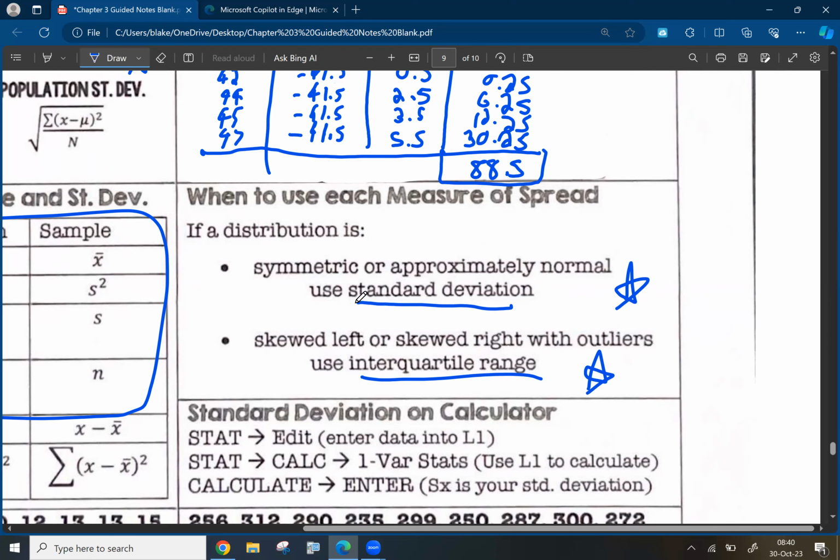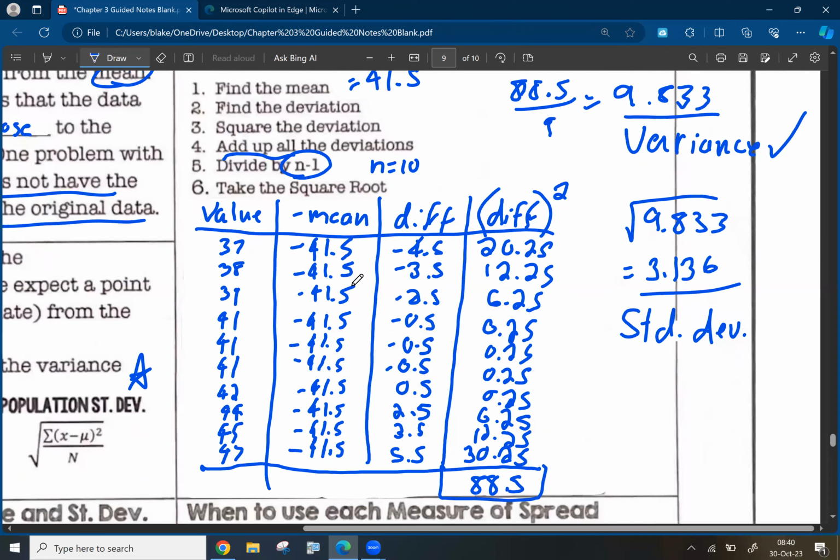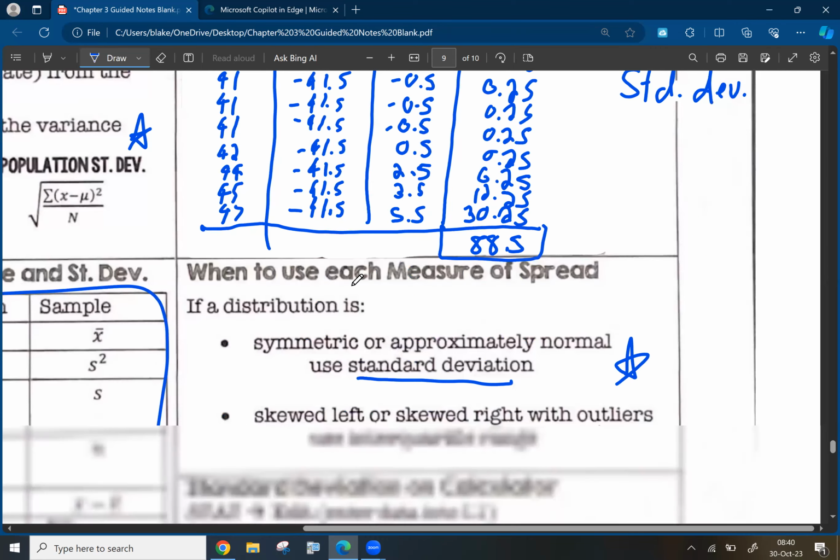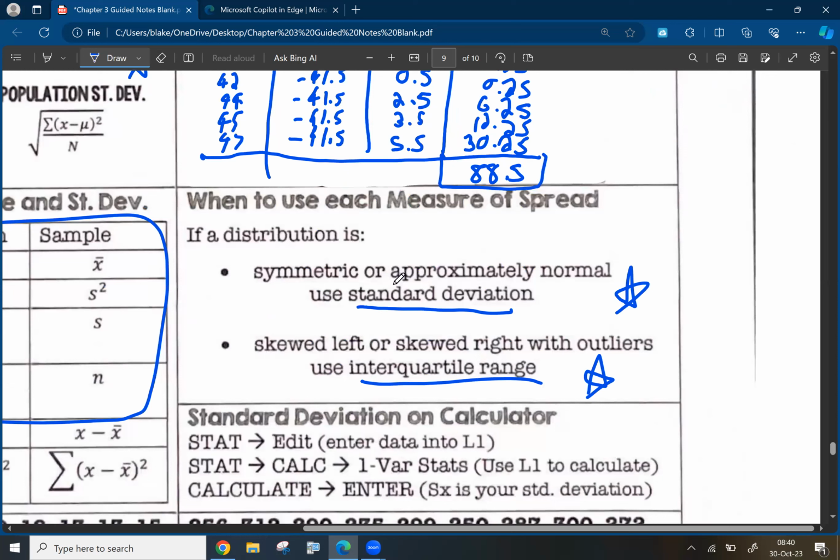Remember, there are 4 different types of spread: range, IQR, variance, standard deviation. If the data was symmetrical, you would use standard deviation as the measure of spread, not anything else. If the data was skewed left or skewed right, you would use the IQR as your measure of spread, nothing else.